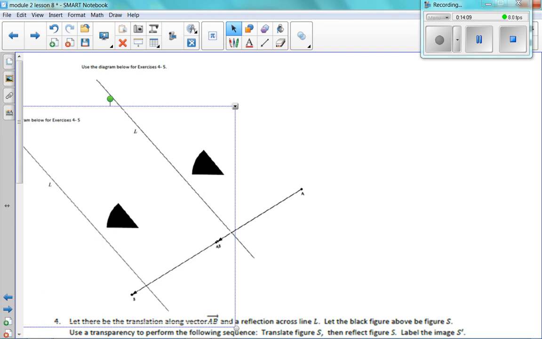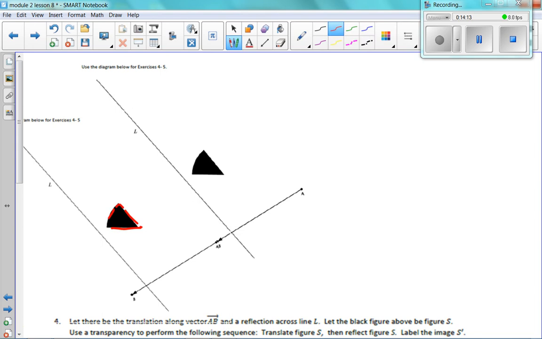Now you're going to reflect this along this line of reflection, this line right here. So flip your transparency. The figure should wind up about over here. And label it S prime.